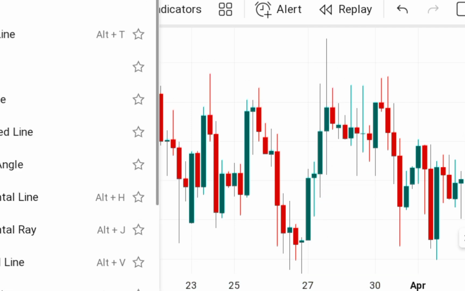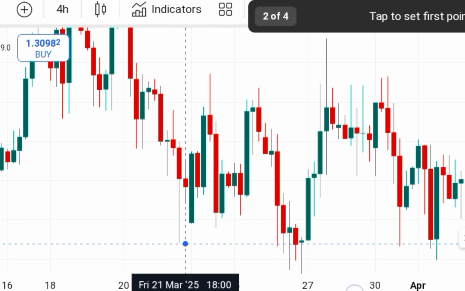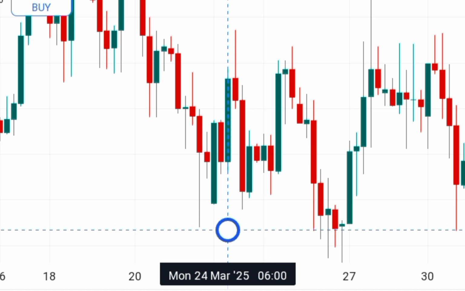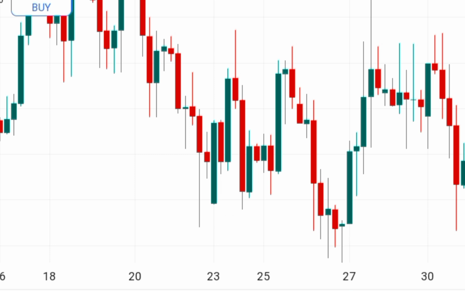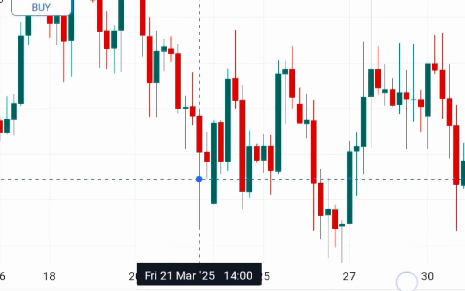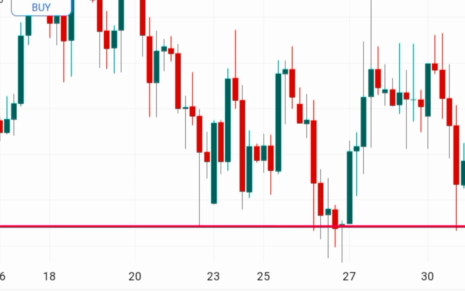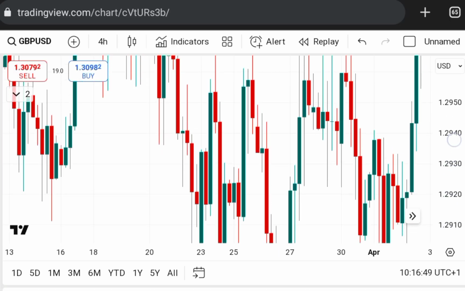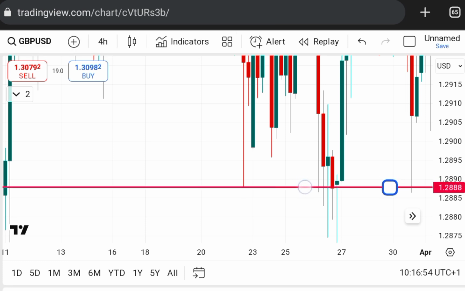So you see, here was a low. We have a low right here. We have a low right there. This candle. So you see that this market was able to close below this low, the wick.